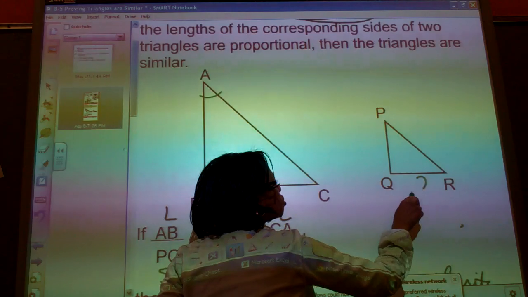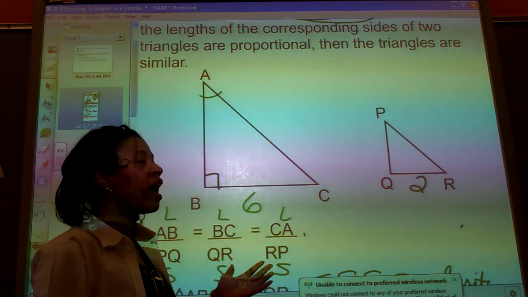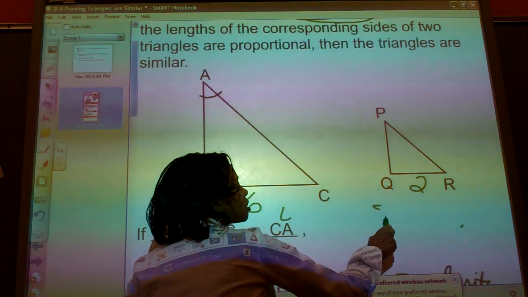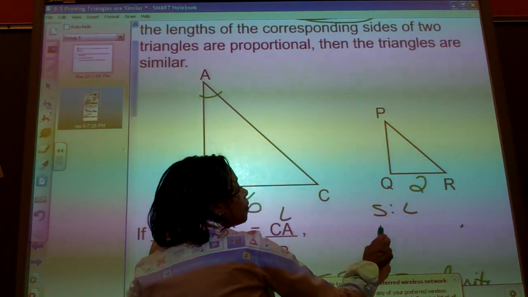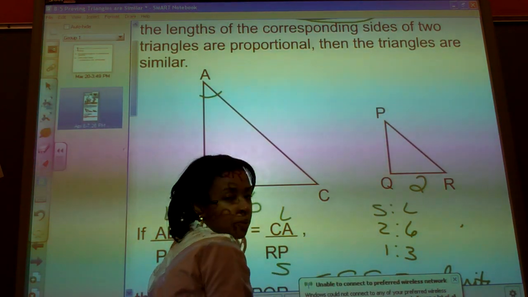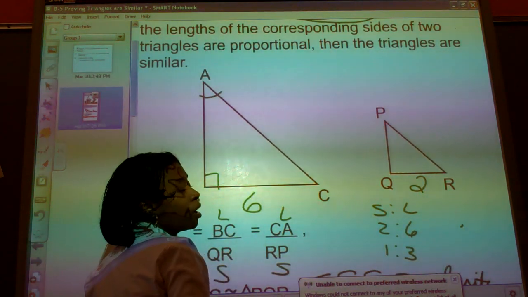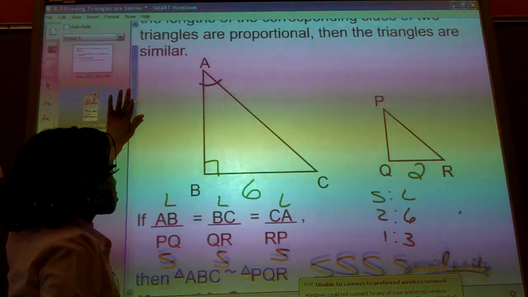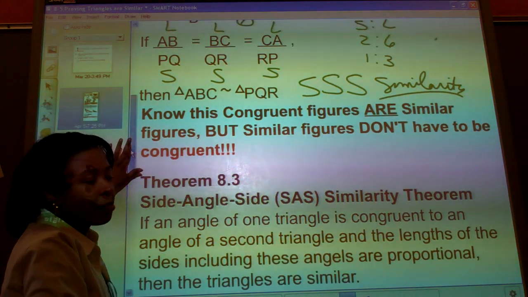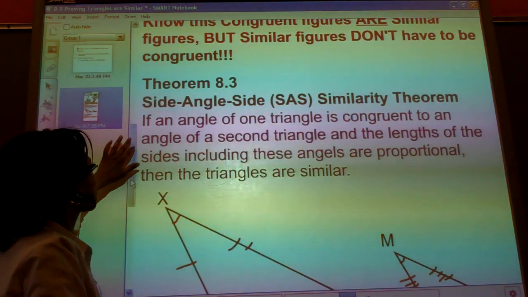Again, where I had the 2 here, it doesn't mean they have to be the same length. They have to be proportional. If I'm doing small to large, that's going to be a 2 to 6 ratio, or 1 to 3 if I simplify, if it were a fraction. So similarity means they don't have to be exactly congruent in length, but they have to be proportional.